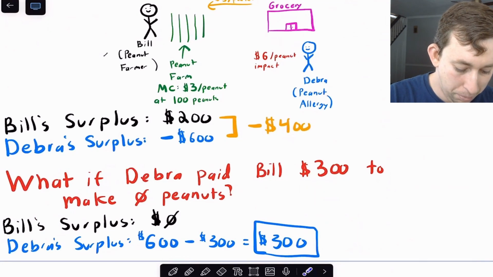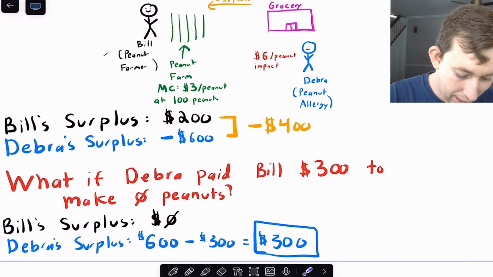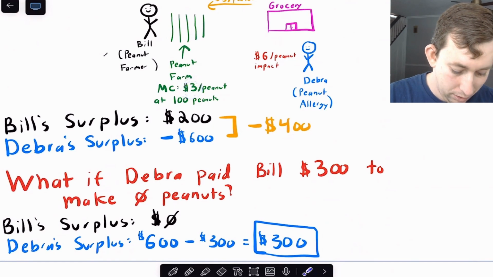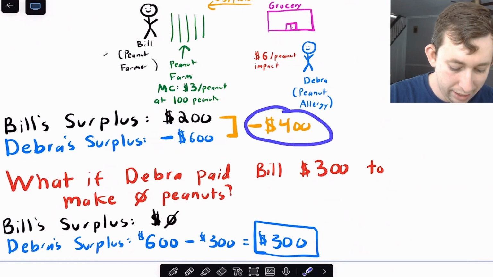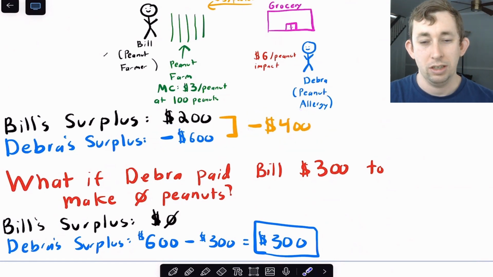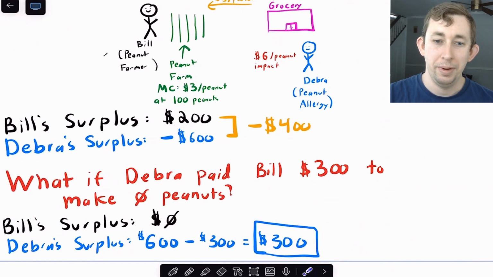That's the difference between the price the grocery store is paying him and the cost of each peanut. So he's getting $200. He's making 100 peanuts. But Deborah is suffering $6 a peanut for 100 peanuts, so she is getting minus 600. So her total surplus is negative 400. So that's the first question. Currently, we're at a total surplus of negative 400. So what can we do to make this better?